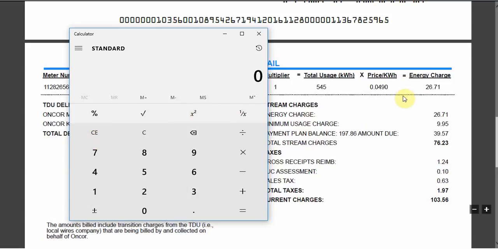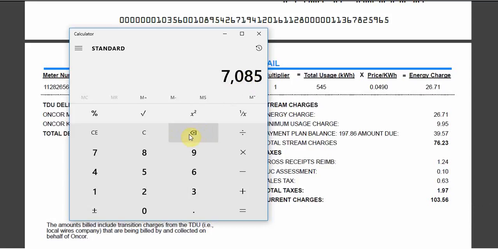So let's say I was with another company and they didn't charge me the minimum base charge, a usage charge. Let's say they increased my rate. Well, I used 545 kilowatt hours, okay? Let's say they were charging me 13 cents per kilowatt hour. Okay, I'm going to take the 545, multiply that by 13. That's going to give me $70.85.